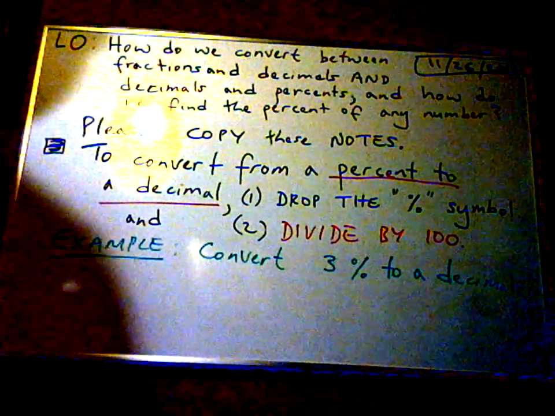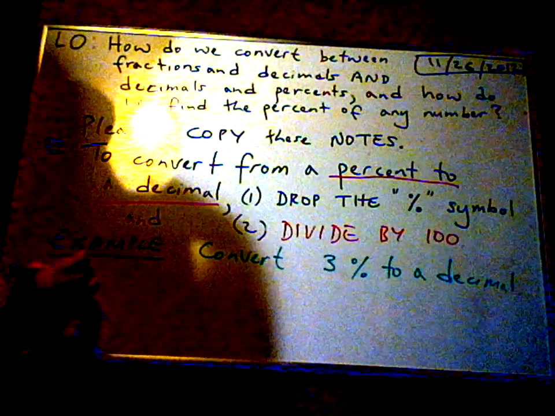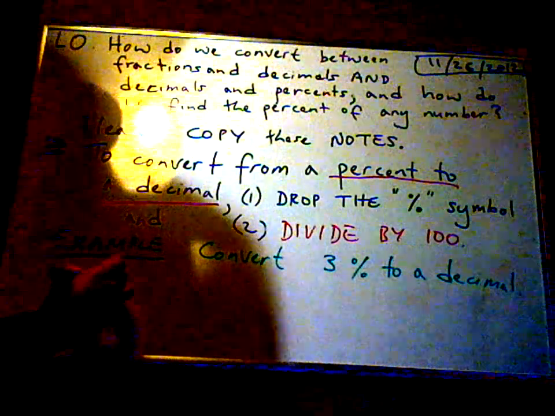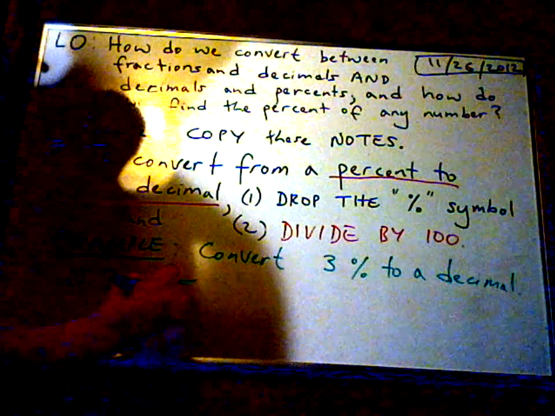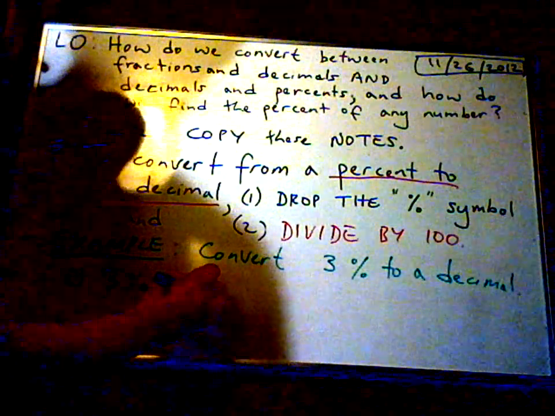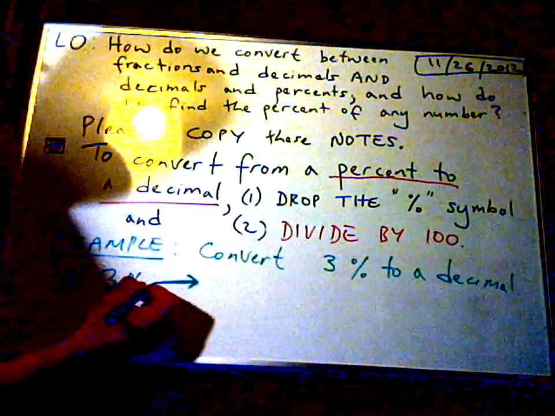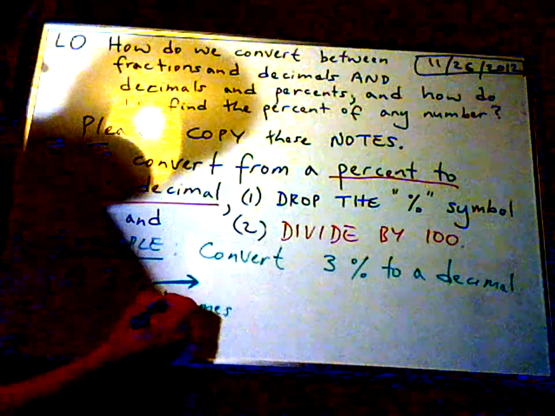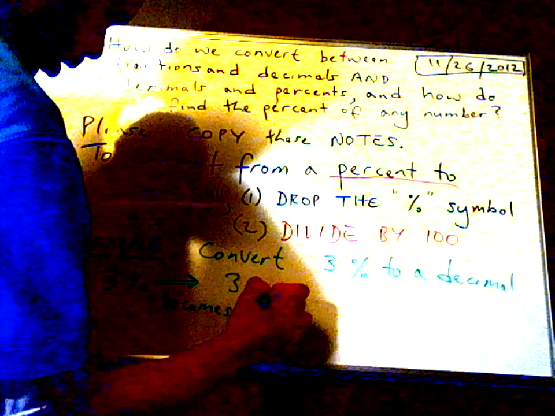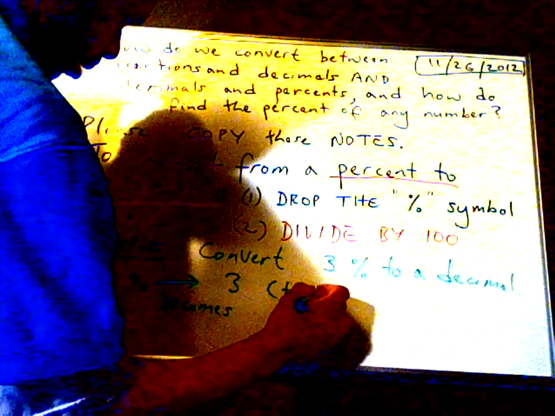Well, obviously, step 1: 3% becomes 3. Notice here I'm using an arrow. I am not using an equal sign. This just means becomes. Okay, 3% becomes 3. And this only happened temporarily, okay?